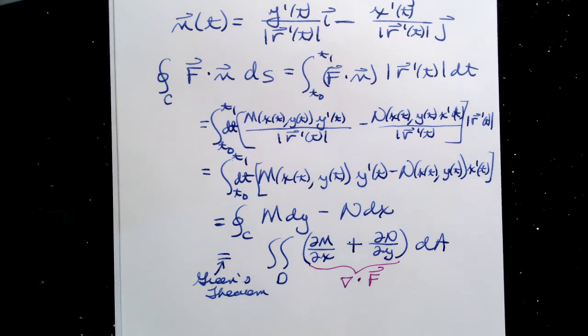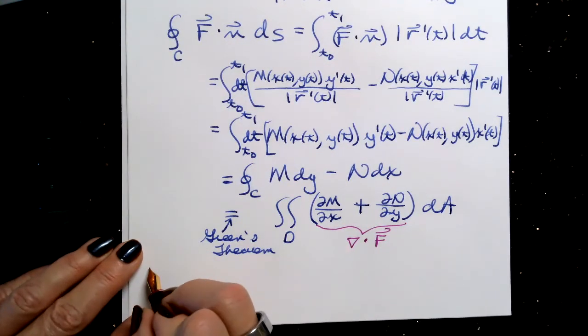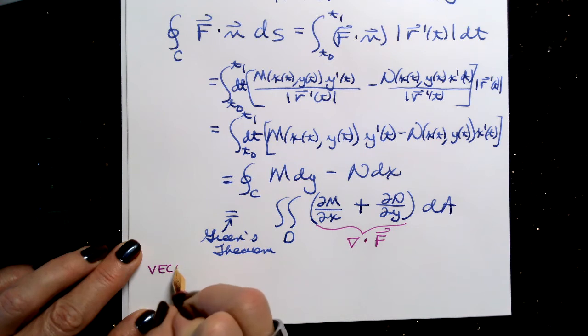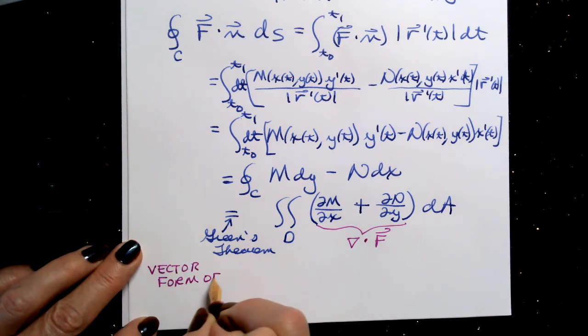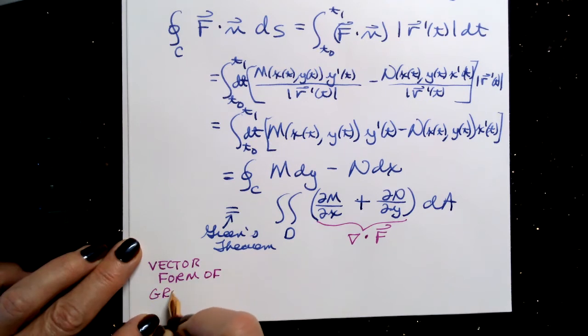Okay, so here's our vector form of Green's theorem the second way. This is version 2.